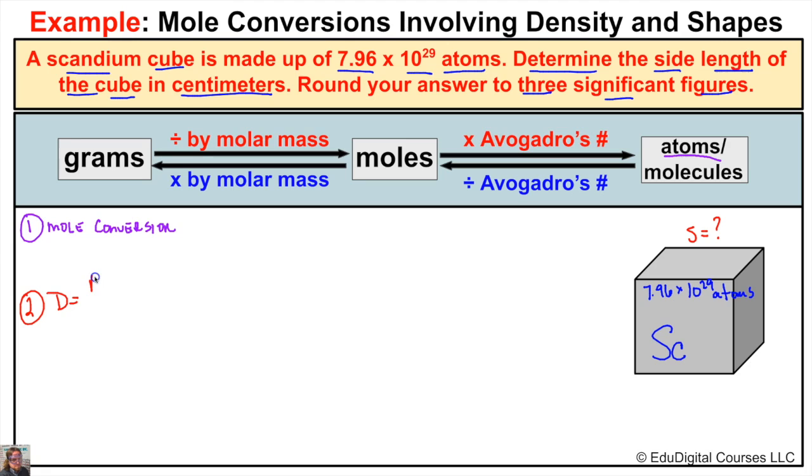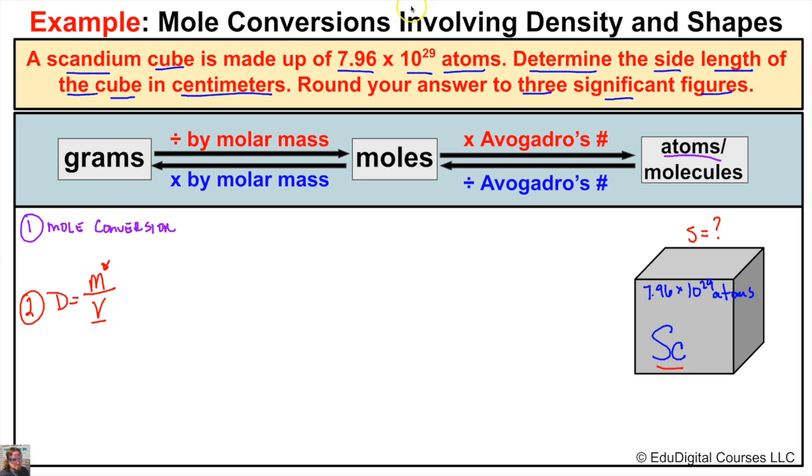Density equals mass divided by volume, and we learned this in an earlier video. And what we're going to solve for is volume. Once we figure out the mass in step 1, we can plug it in here. We can then look on a table, or Google, what the density of scandium is. And then we can solve for the volume.